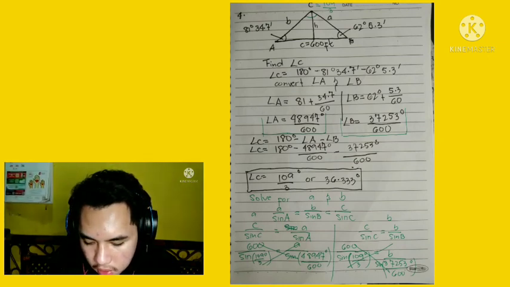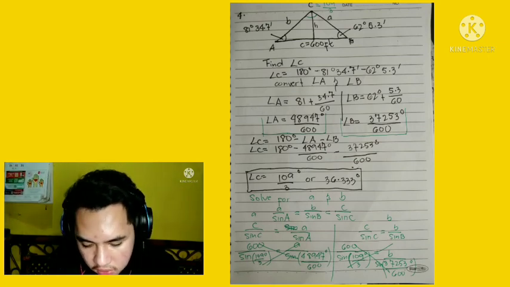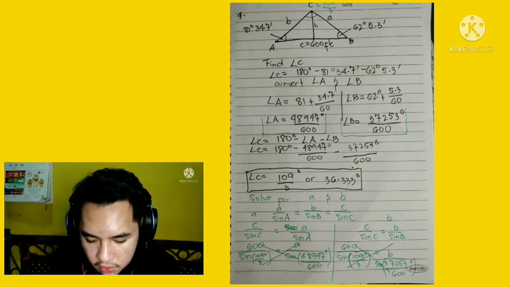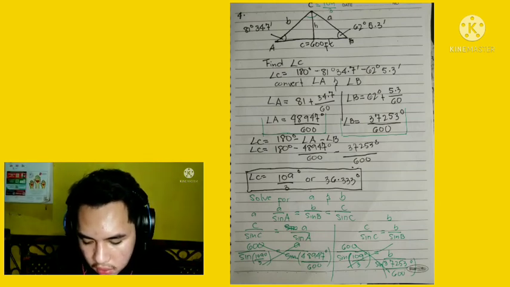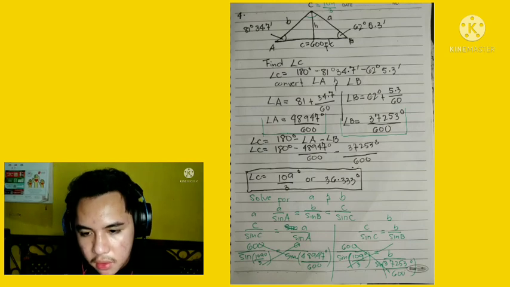And now we have our B, which is C over sin C equals B over sin B. So 600 over sin 109 over 3 degrees is equal to B over sin 37253 over 600 degrees.